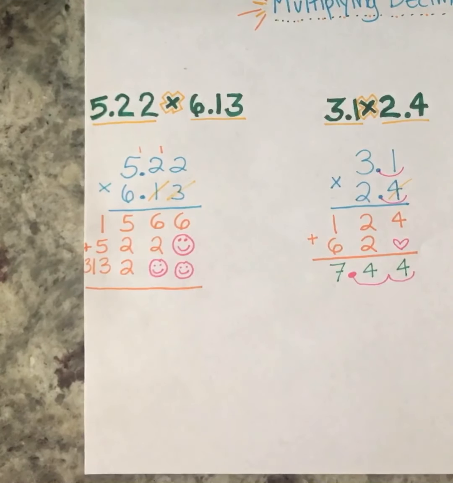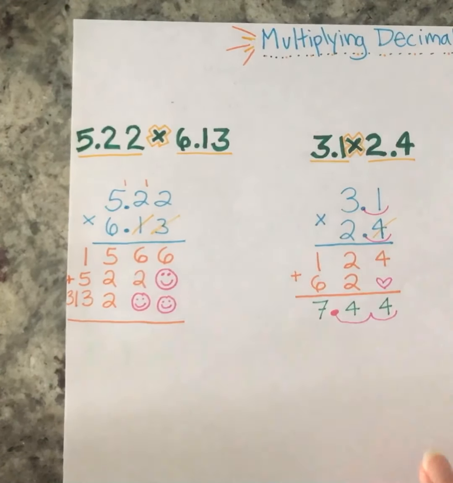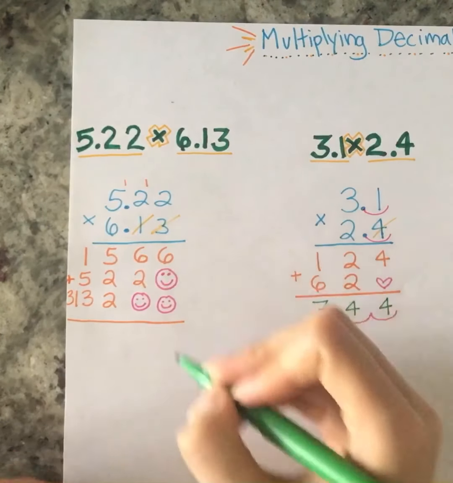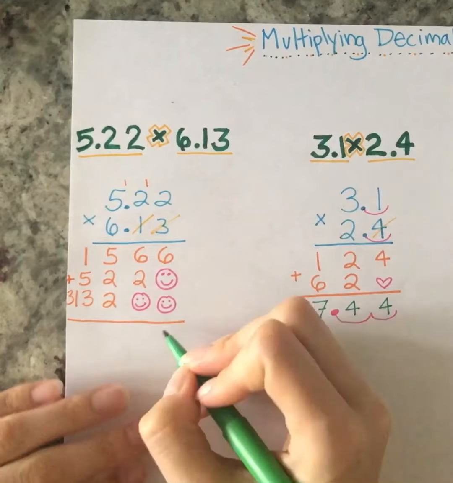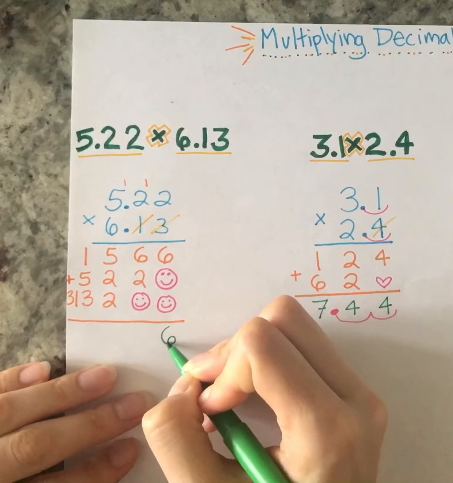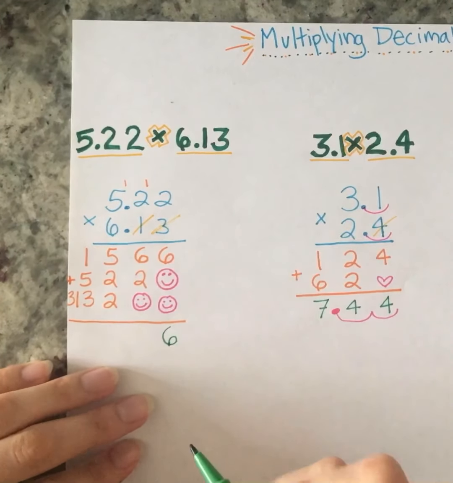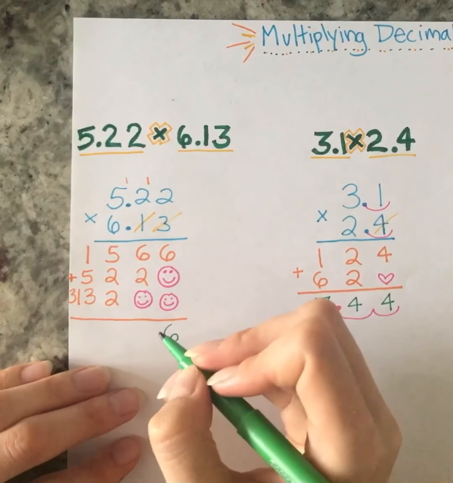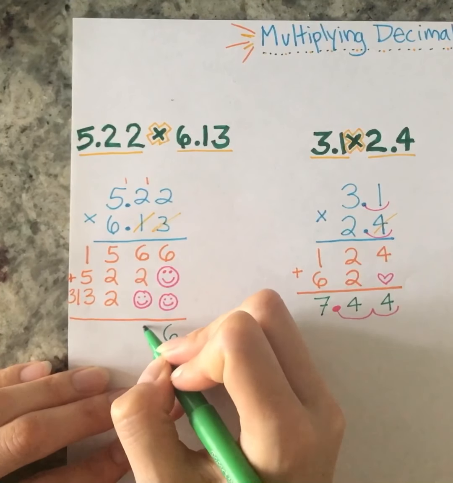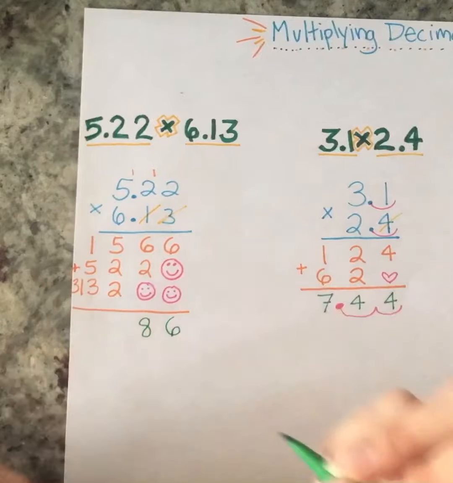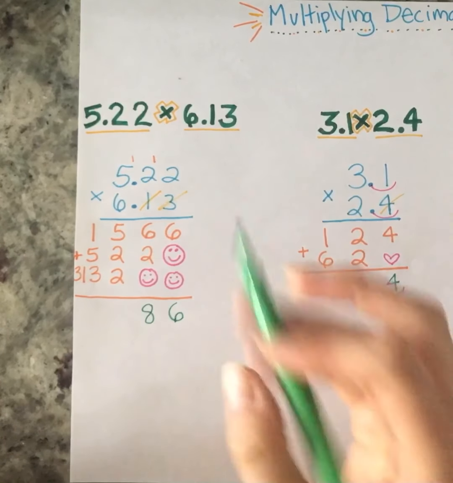Okie dokie. So when we add them up, we are going to have 6 plus placeholders is going to be 6. 6 plus 2 plus placeholder is going to be 8. Kind of a funny looking 8, sorry.